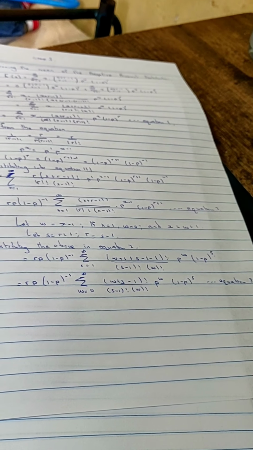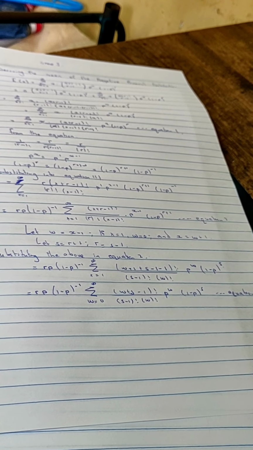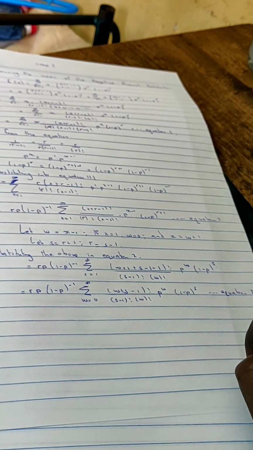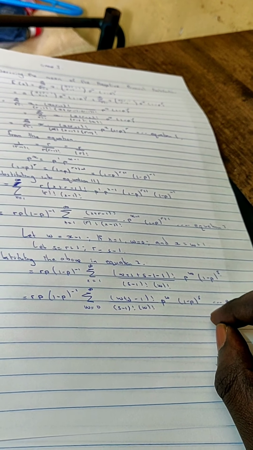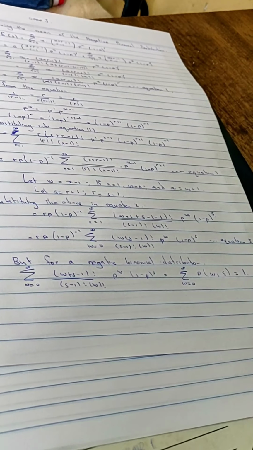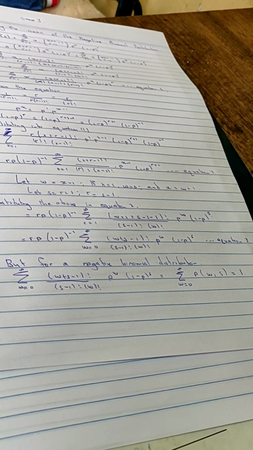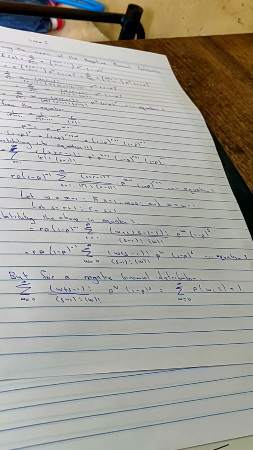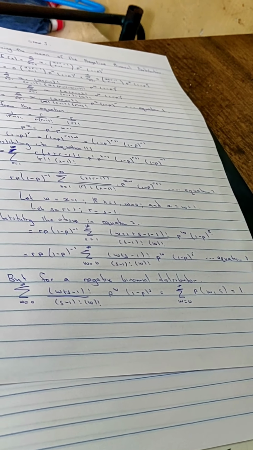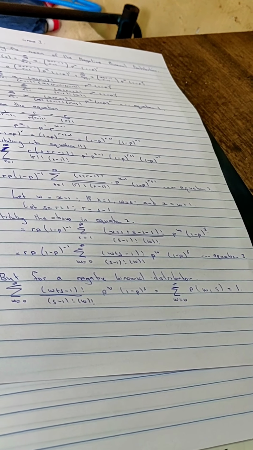So this becomes equation 3. We know for a negative binomial distribution, this part will be equal to 1. So we express it like this, and then we substitute our 1 into equation 3 to get the final expression for the mean.